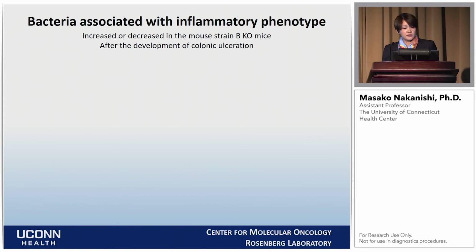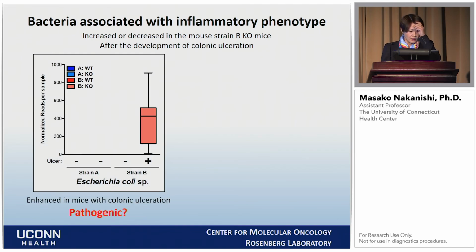And we are also seeing a group of bacteria associated with the inflammatory phenotype. For example, the species of E. coli was significantly increased in the strain B knockout mice. And we saw many of this pattern, and this group of bacteria was also found in human IBD patients, suggesting that our mouse model can recapitulate the human IBD cases.